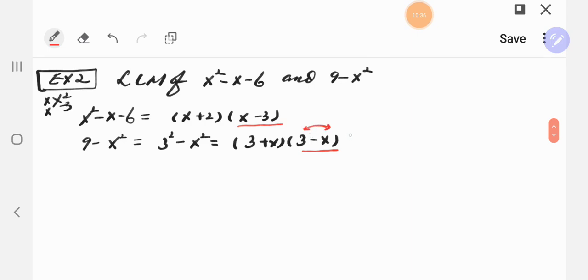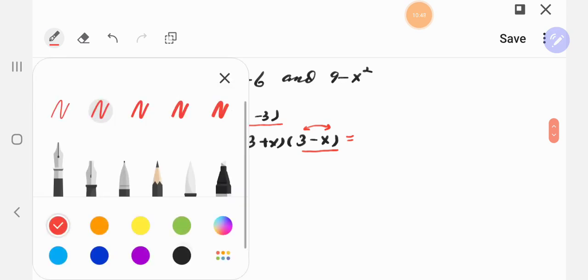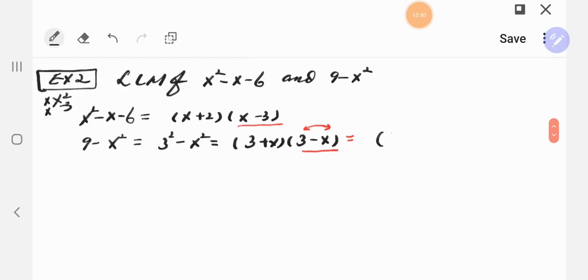So this is equal to negative, with the negative sign outside: 3 plus x becomes x plus 3, which stays there, and then we switch 3 and x, so x minus 3, and put the negative sign outside.